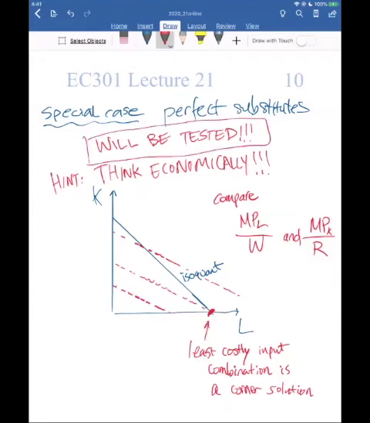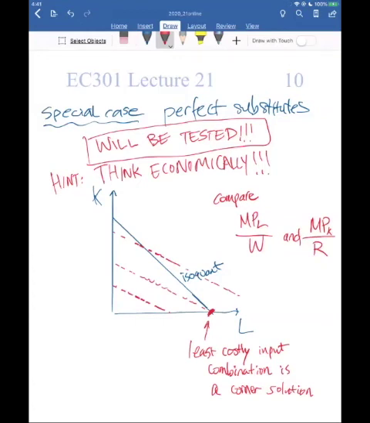So think about this. This is a challenging problem because I didn't go through exactly what should be done, but I believe you guys can figure this out. Think about this economically, and if you have time, you can also cook up your own example and think about how to proceed here. So this is the first special case.